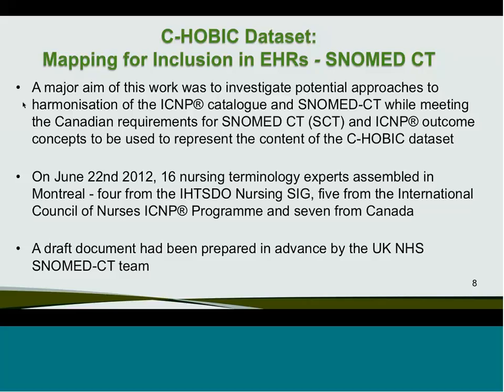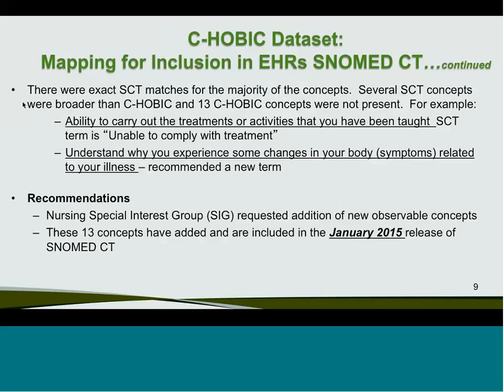The first cut at this mapping was done by colleagues in the UK on the National Health Services SNOMED CT team. They prepared a draft in advance, and then the other 16 of us sat down in a room for 2 days and went through that line by line, concept by concept, code by code.